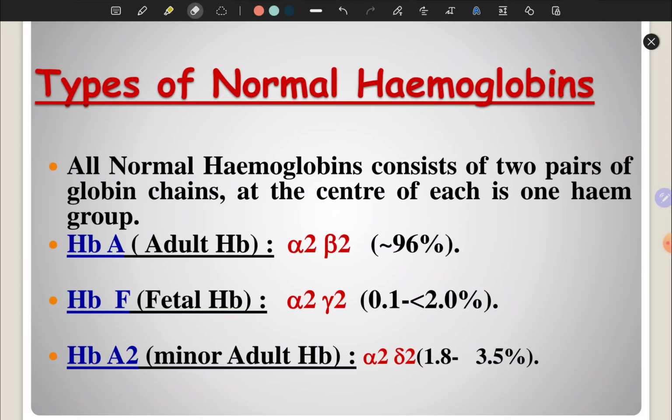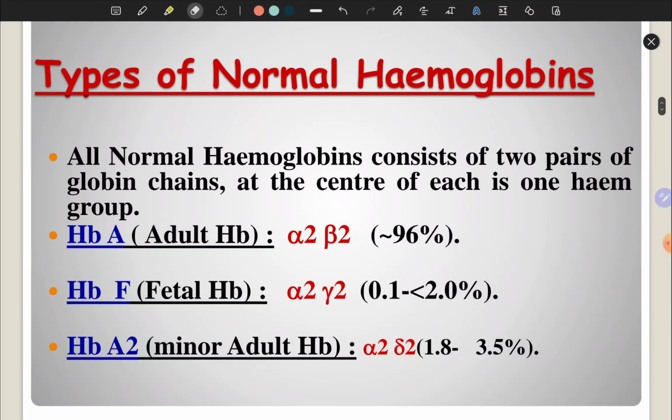The main type of hemoglobin in our body is hemoglobin A, abbreviation for adult, which is the predominant type, up to 96 to 98 percent. If we quantify the types of hemoglobin in your body, it would be hemoglobin A, the major part, up to 96 to 98.